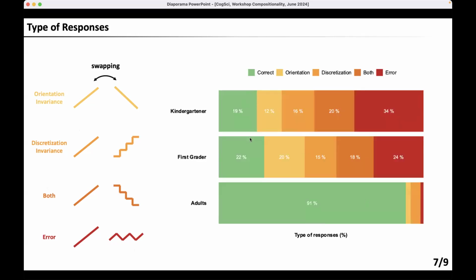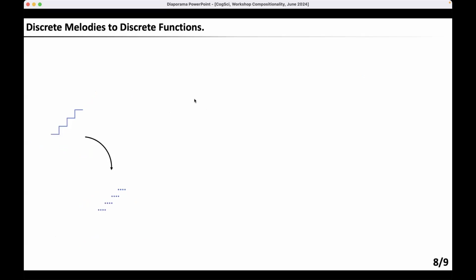And if I represent the data I just showed you like this, you see an evolution with age, with kids that are making fewer mistakes and giving more correct answers, but they are still doing orientation, discretization, and both kinds of invariance, right?